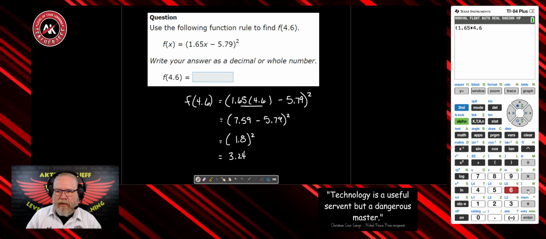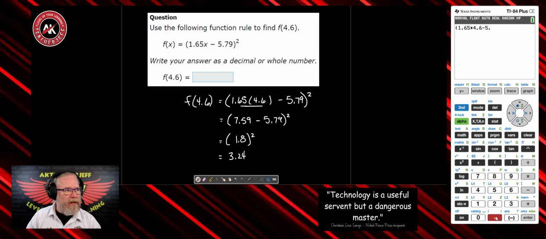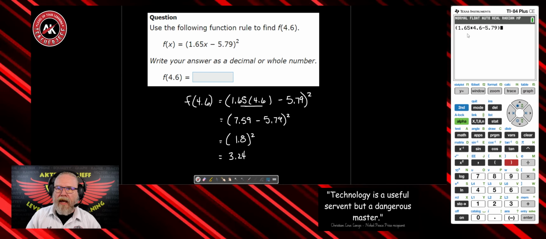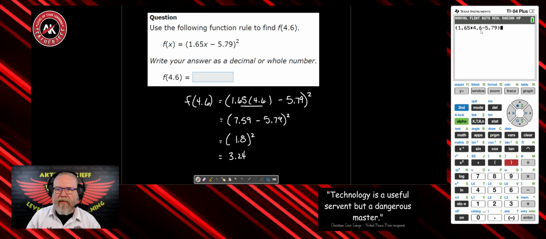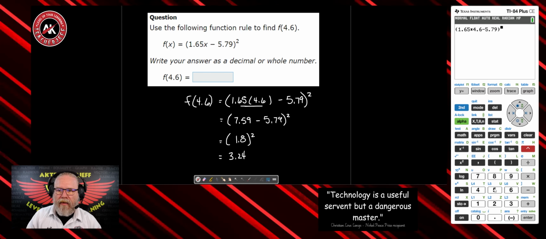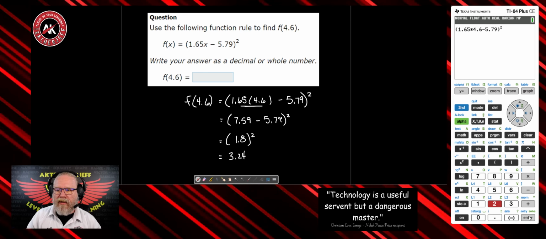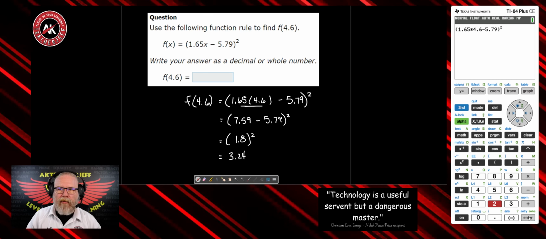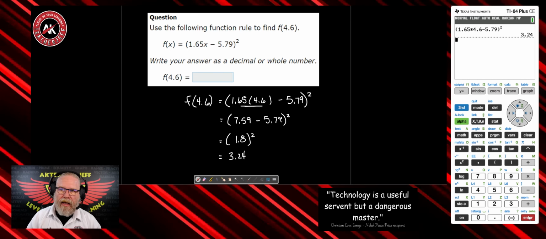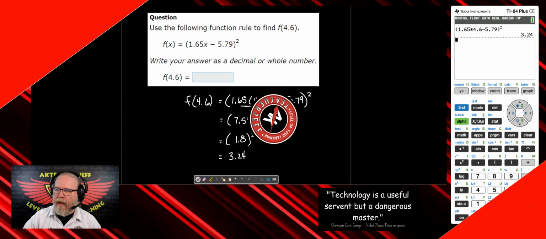And then I'm going to subtract 5.79. We should be good to go because the calculator should do the multiplication first, then the subtraction, all that inside of parentheses, and then raise it to the power of 2. Let's see, do we still get 3.24? Indeed we do. So I am good to go.